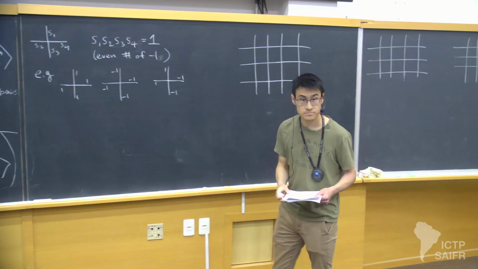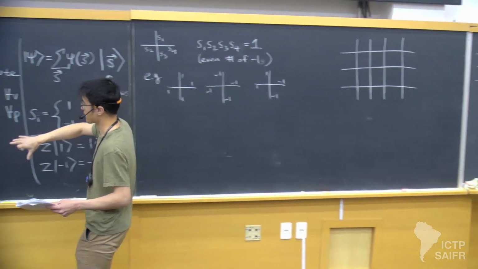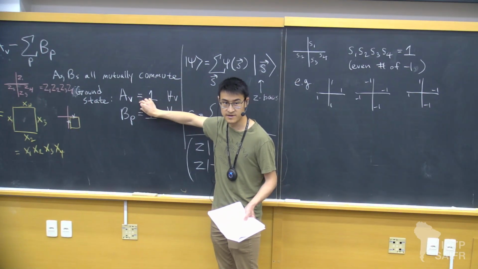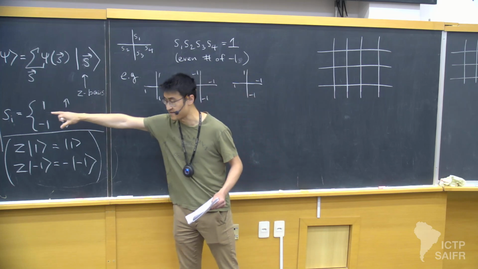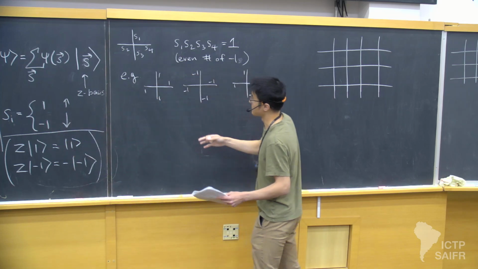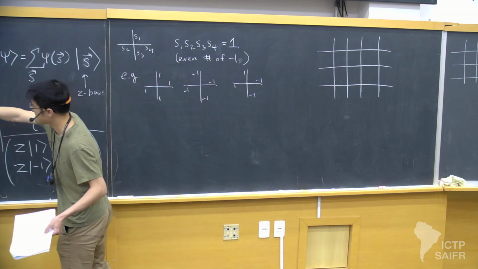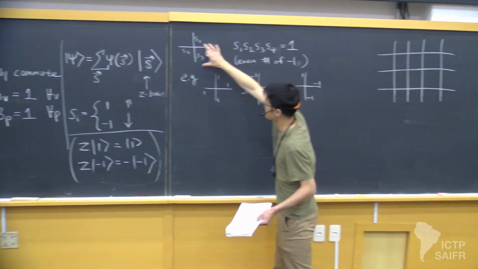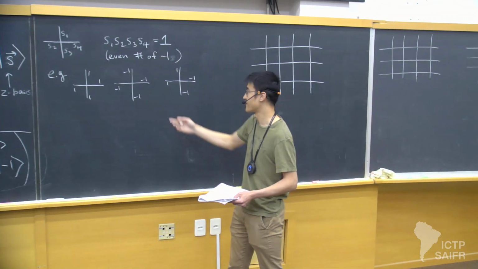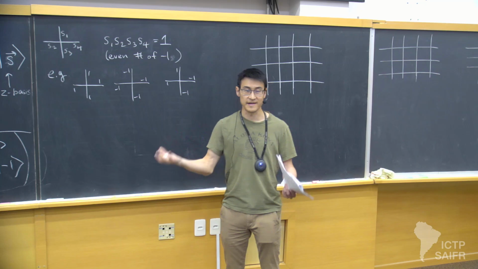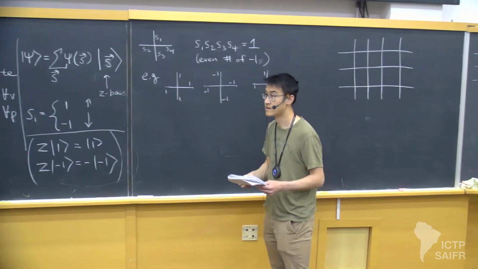Why can there only be an even number of -1s? Yeah, so I'm trying to understand what these operator constraints mean in terms of states, right? So these define the ground state, and for any state with A_V equals 1, the product of these spins must be 1. These are some example configurations that satisfy this constraint.